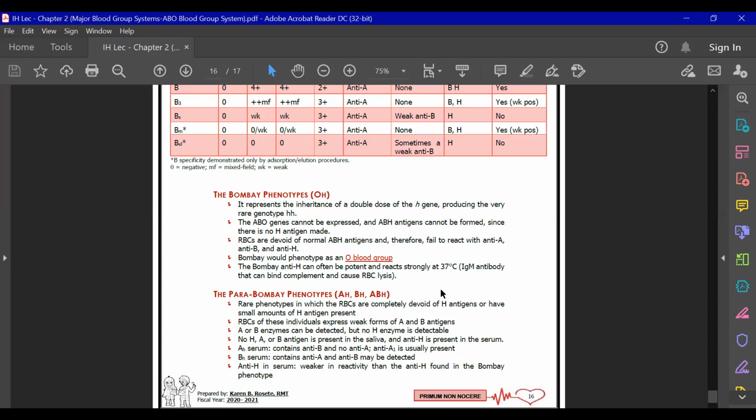It is possible, class. Your IgM antibodies can react at 37 degrees Celsius, and once they do, the antibody is considered of clinical significance, meaning when it reacts at 37 degrees Celsius, it can cause a transfusion reaction. Okay?